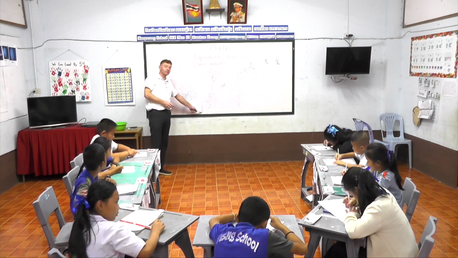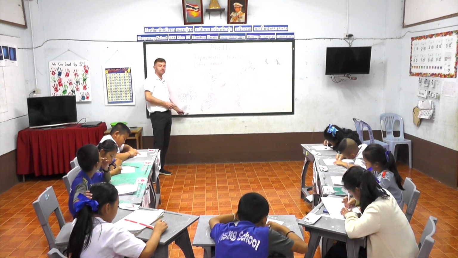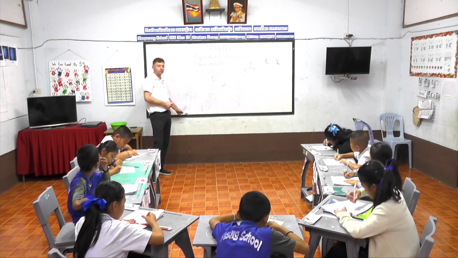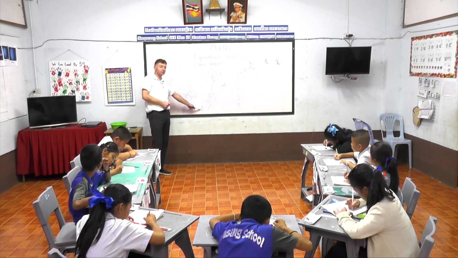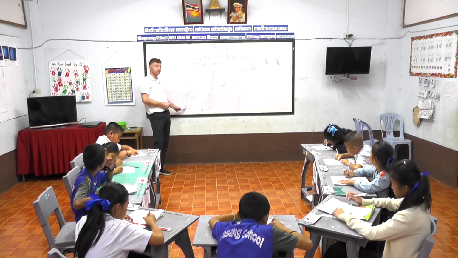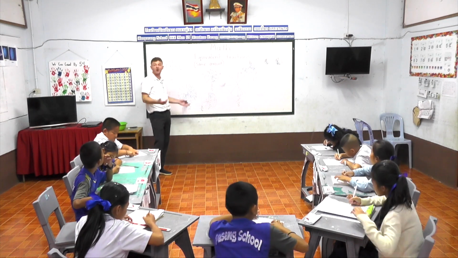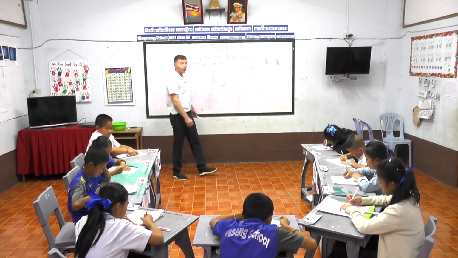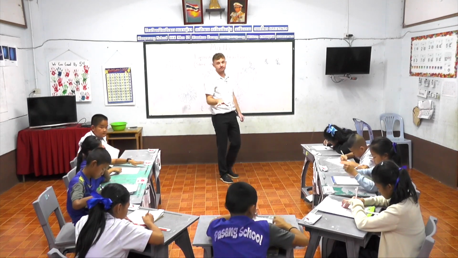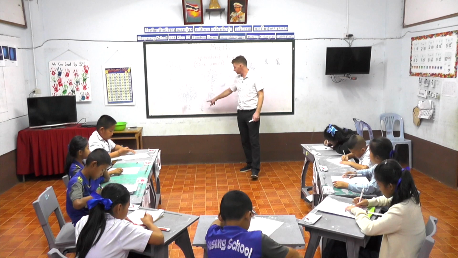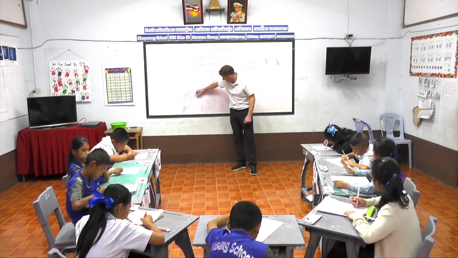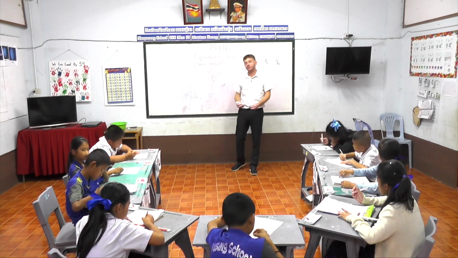How many times does 4 go into 16? 4. How many times does 3 go into 12? 4. Equivalent. 4 times 4 is 16. 4 times 3 is 12. Same amount, equivalent fractions.